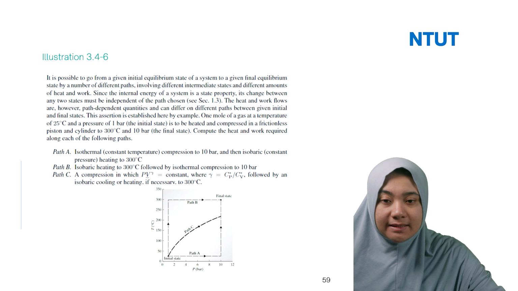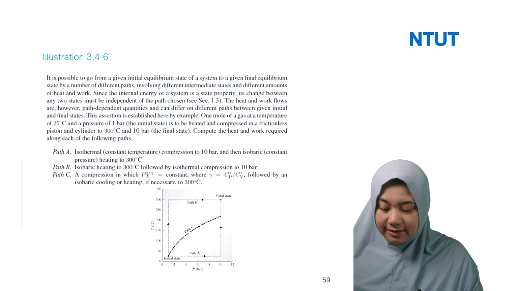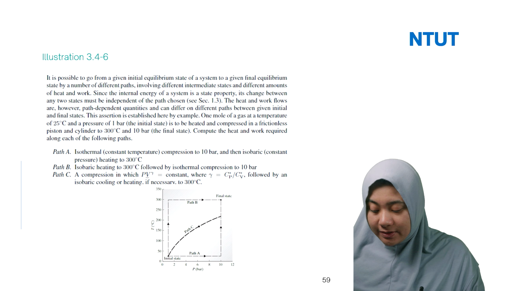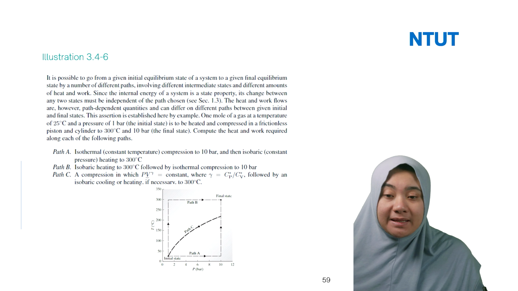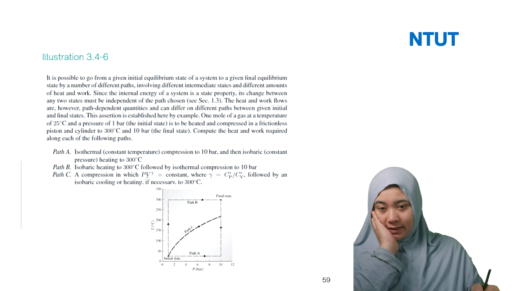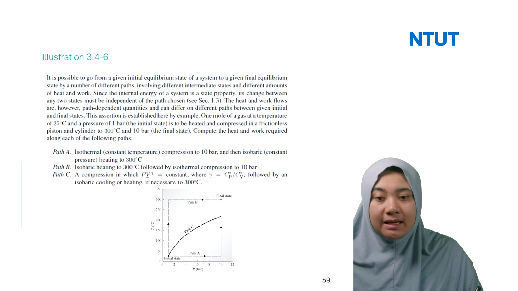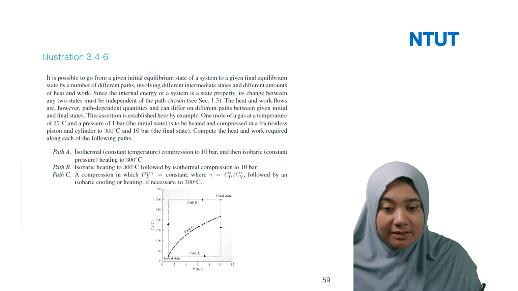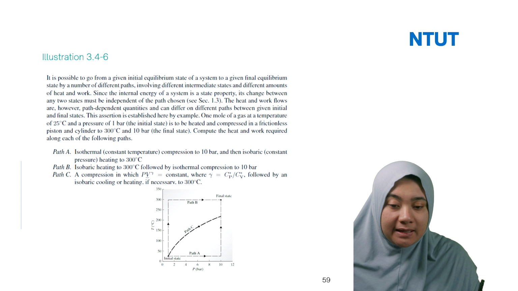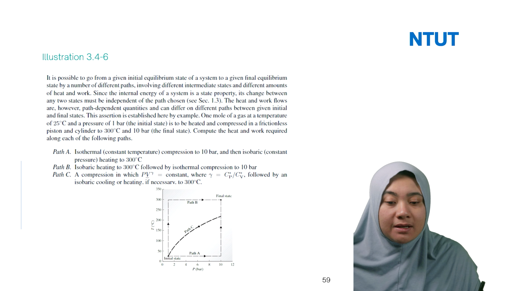And then the next was illustration 3.46. The 3.46 discussed pistons. Is it possible to go from the given temperature, from the system to a given final equilibrium state, by a number of different paths? So we have 3 paths here: path A, path B, and path C. Path A was isothermal, or constant temperature, compression to 1 bar.